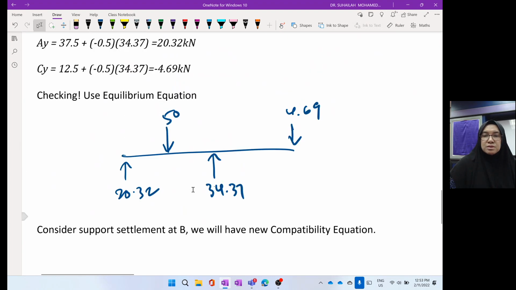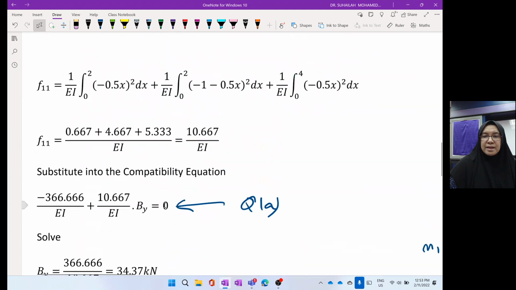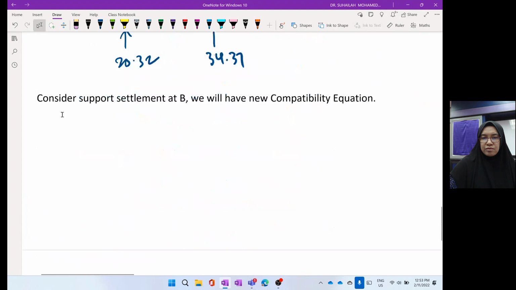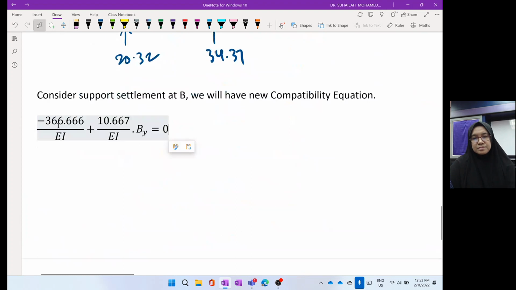Okay, so take back this and just change 0 to negative 0.03. So this is the new equation, after taking into account support settlement.